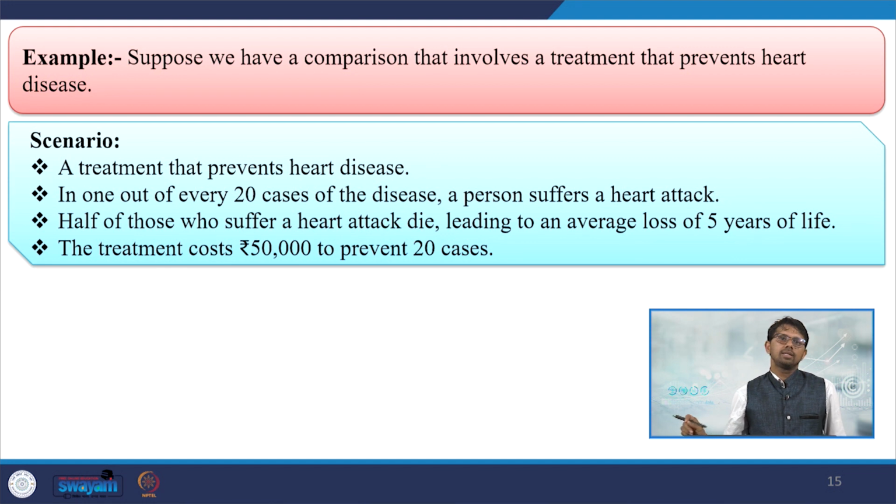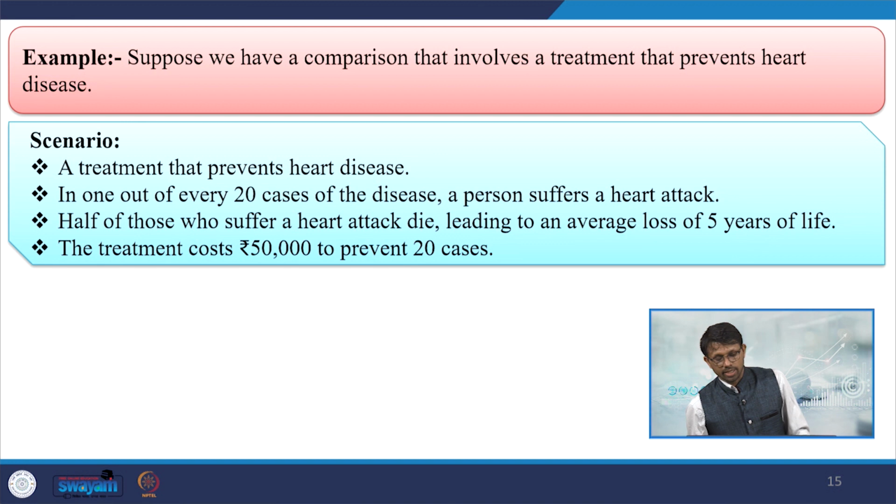A treatment that prevents heart disease, and in 1 out of every 20 cases of the disease, a person suffers a heart attack, and half of those who suffer a heart attack die, leading to an average loss of 5 years of life. So now we are giving multiple pieces of information at this moment. The treatment cost for this is 50,000 rupees to prevent 20 cases.